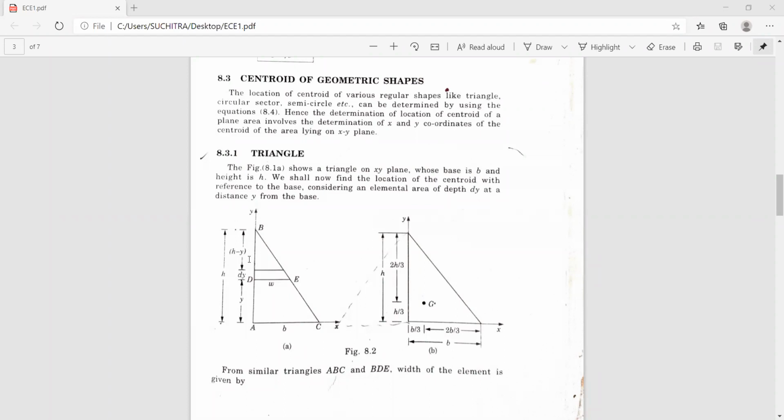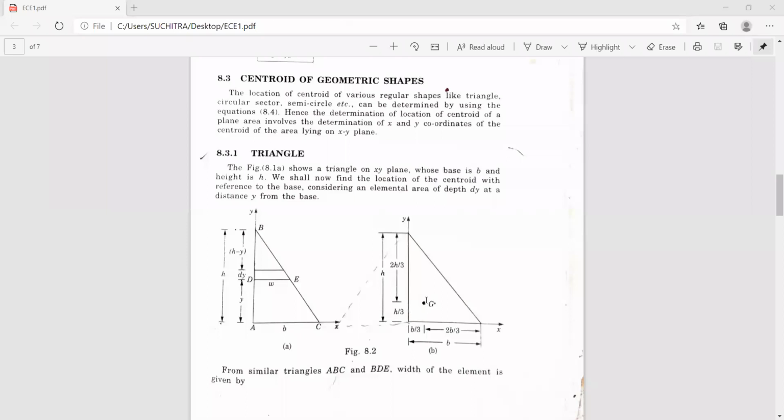Similarly, if you consider the y-axis, the x bar will be the centroidal distance of this right angle triangle with respect to the y-axis, which is b by 3 from the base and 2b by 3 from the apex. So you can find the centroid of the given triangle either with respect to the base or with respect to the height. Here in our case, we have found the centroid of the right angle triangle with respect to the base, which is h by 3 from the base.